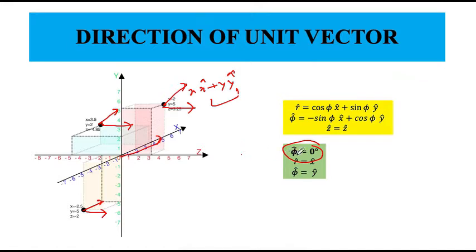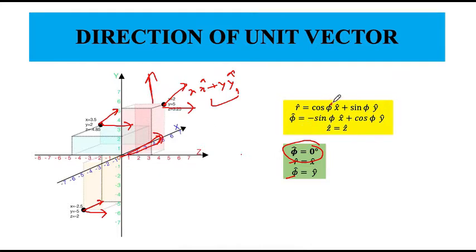So with phi equal to 0, what will happen to the r hat and phi hat vectors? There is no change on z. z hat will still be pointing upward, but r hat at phi equal to 0 is pointing entirely along the x axis.